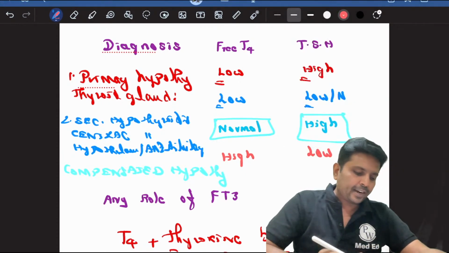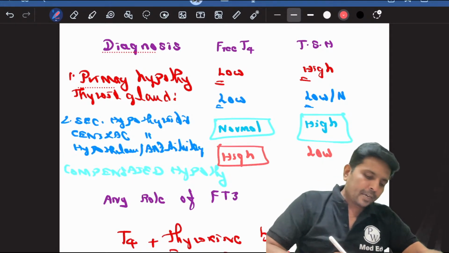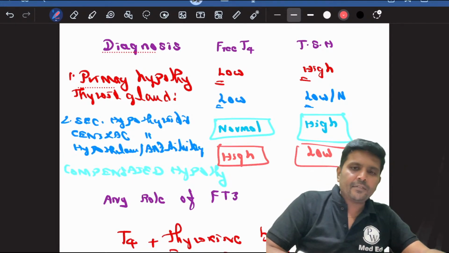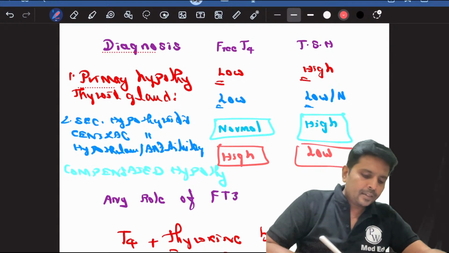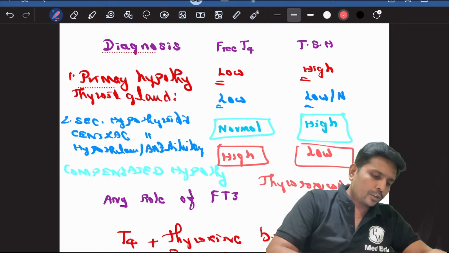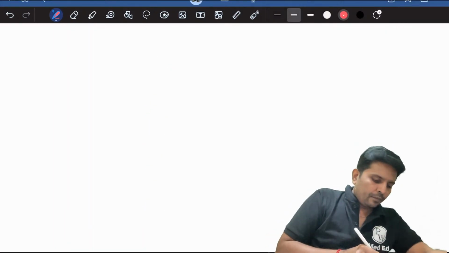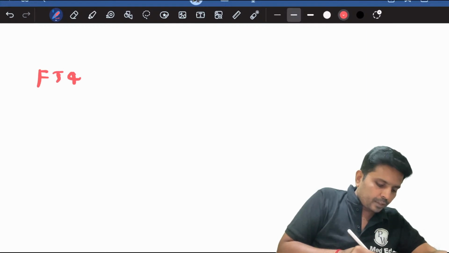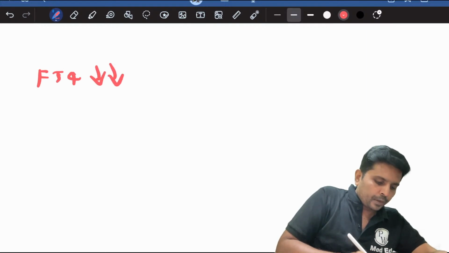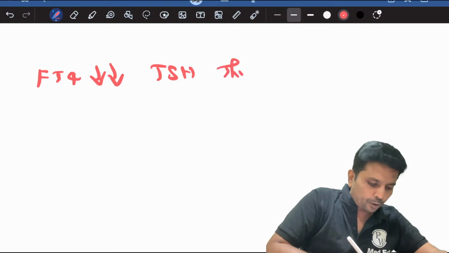And finally, free T4 is high, but TSH is very low. What does it mean? This is called thyrotoxicosis. So let me repeat once again. When your free T4 is low and TSH is high, this is a thyroid problem.